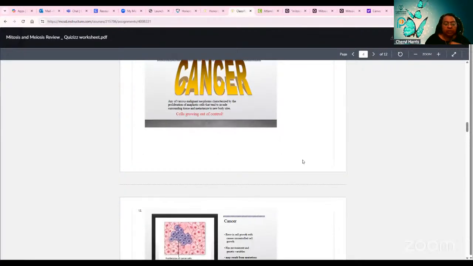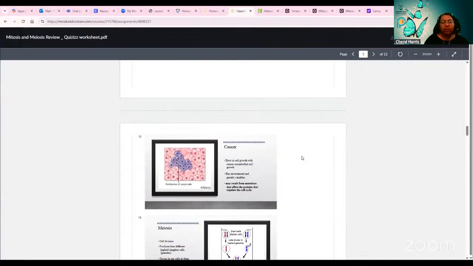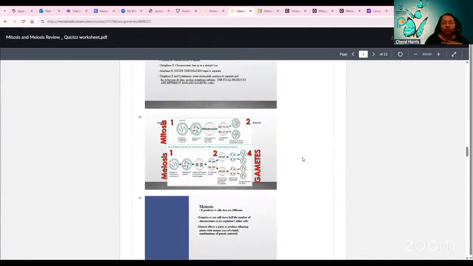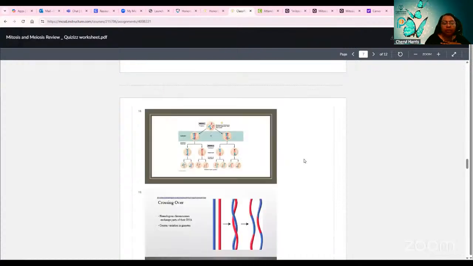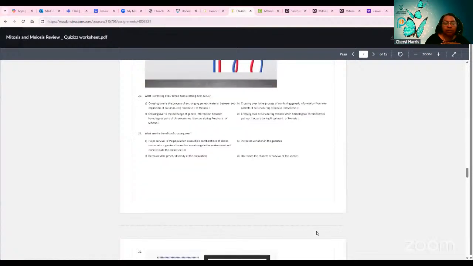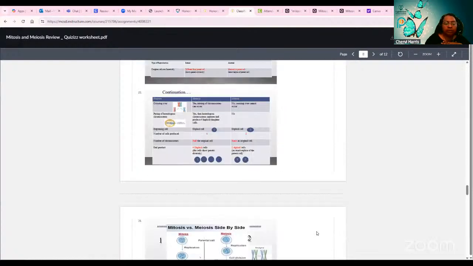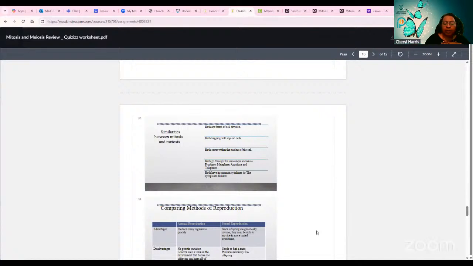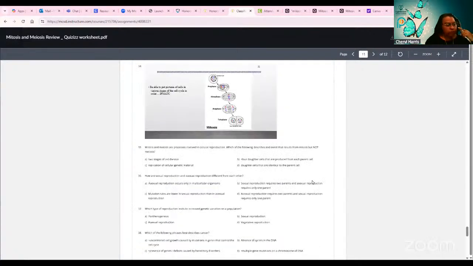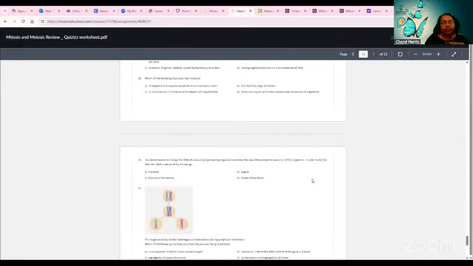Because the cells are growing out of control. So most of this is reading. So go ahead and read, and you don't get questions until you get to the end of it. I put it in the same folder so that we're not making a whole bunch of folders for review.